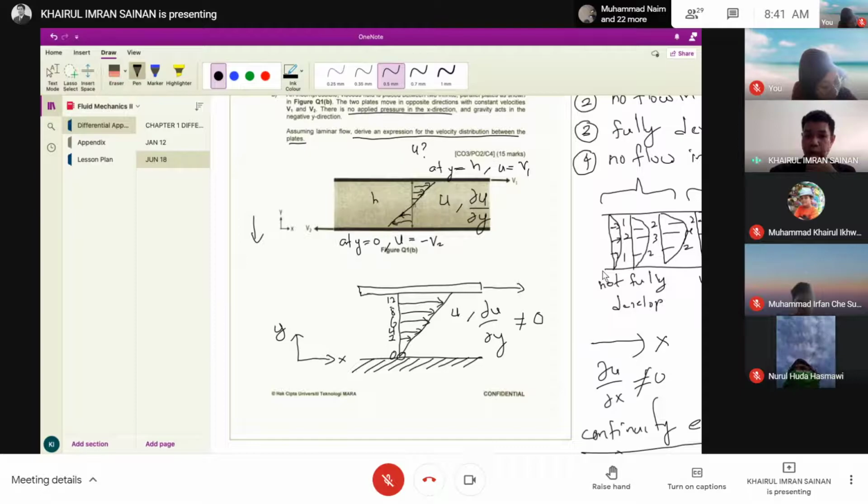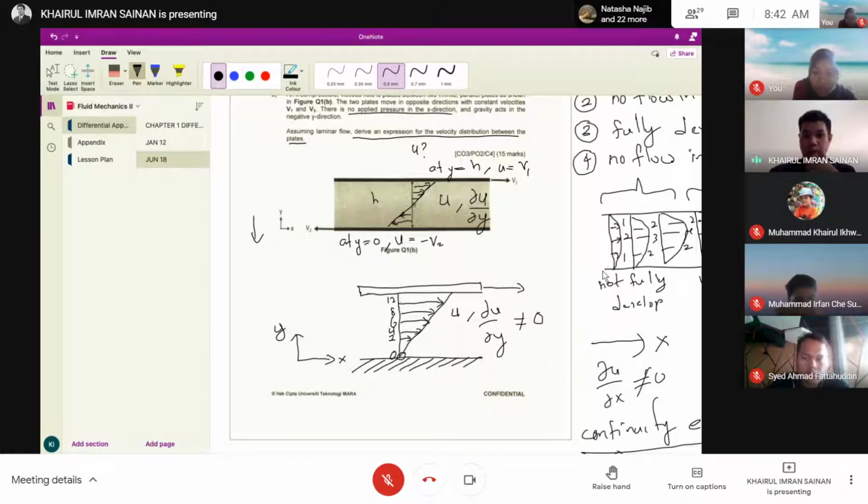So what happened is, u is actually changing towards y. So del u over del y cannot be equal to 0. There is a change of u towards the y direction. So similar to this one, but first you need to draw the velocity profile, right?